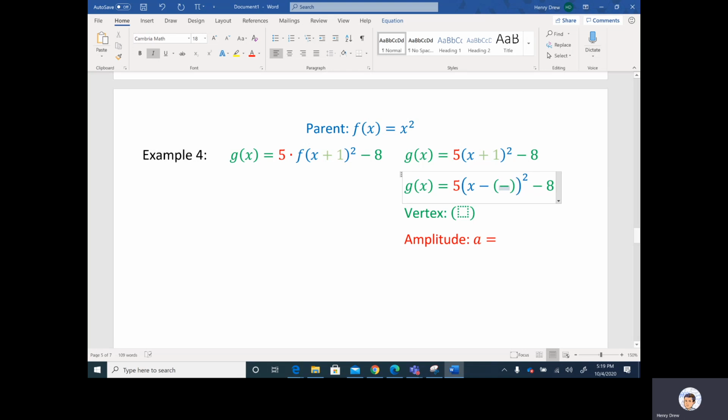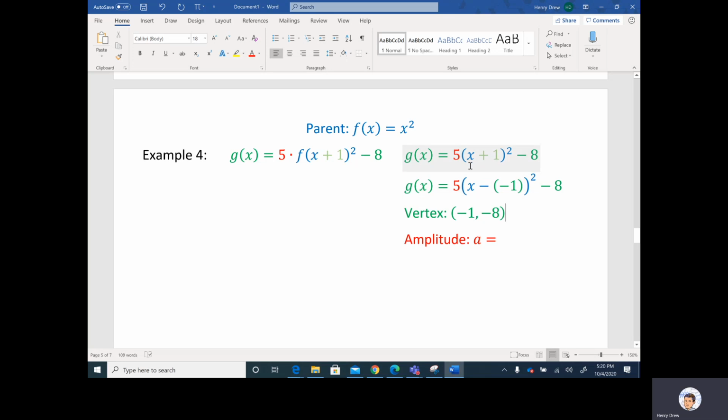I'd like to consider that to be x minus -1, which would suggest that we are -1, -8 for our vertex. So in other words, when we see x plus 1, it's a shift 1 unit to the left, whereas if it's x minus 1, it's 1 unit to the right.